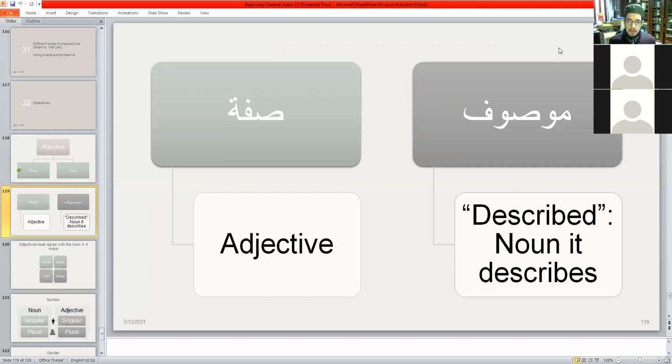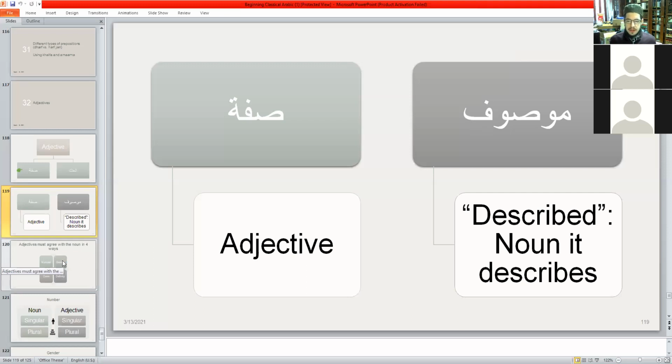Mawsuf is on the phonetic pattern of maf'ul, which we will talk about later, but it basically is the past participle, something that is literally described. If sifa is a description, then mawsuf means something that is described.